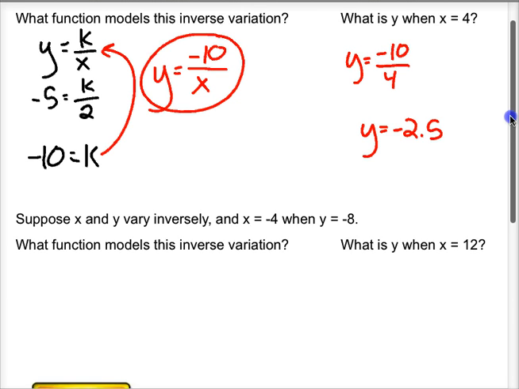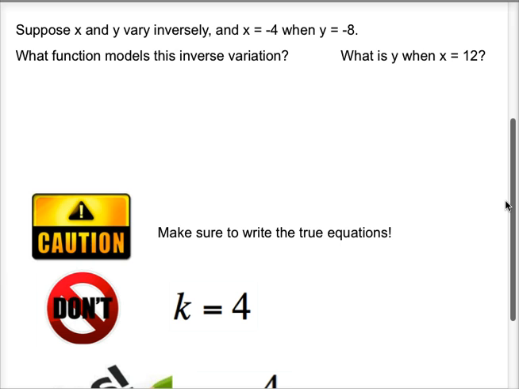All right, let's keep it going. One more example. Suppose, again, x and y vary inversely. This time y is -4 when x is -8. Again, we take that basic structure that we know all of these follow. So this time y is -8 and x is -4.